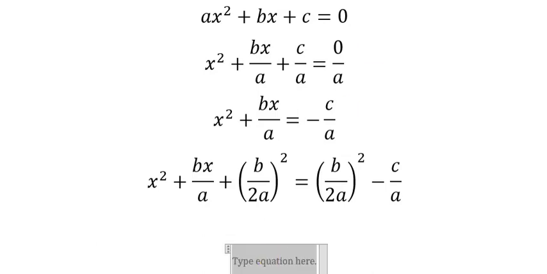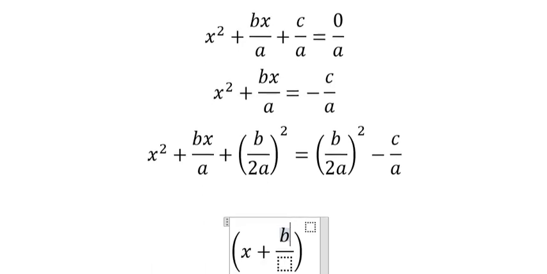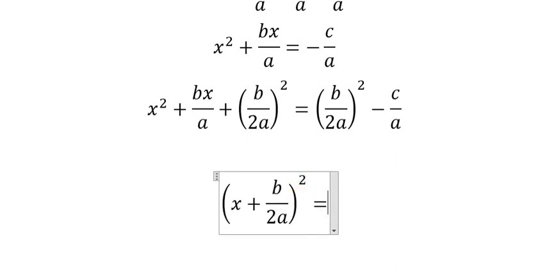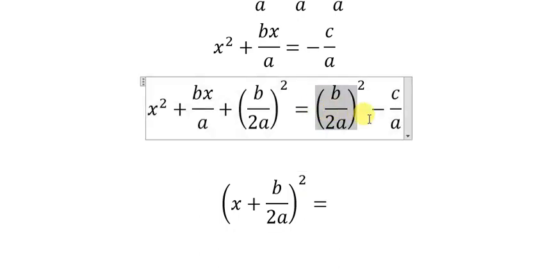So we have x plus, because we have the half of the coefficient of x being positive, so plus b over 2a, all squared, and that should be equal to this right part of the equation.